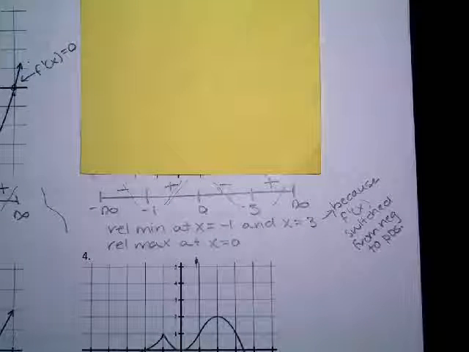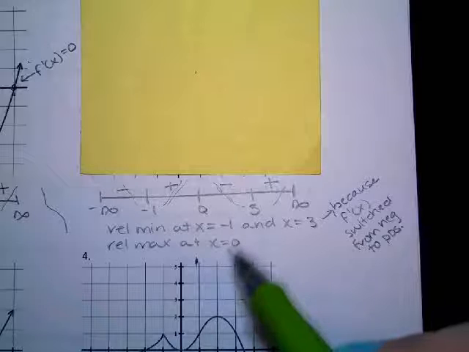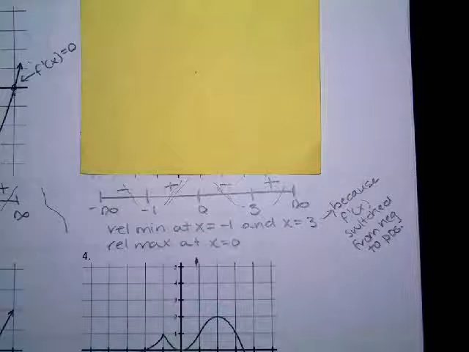Notice I didn't say switch signs. That's vague. Switched which sign? Because both of these switch signs. Notice I didn't say the graph switch signs. The graph of what? Does that make sense?